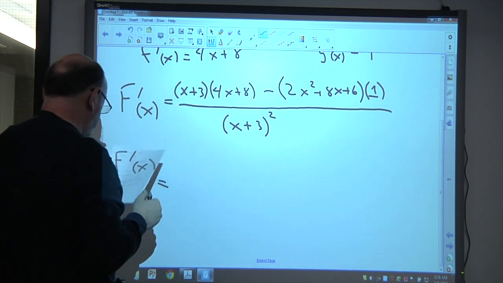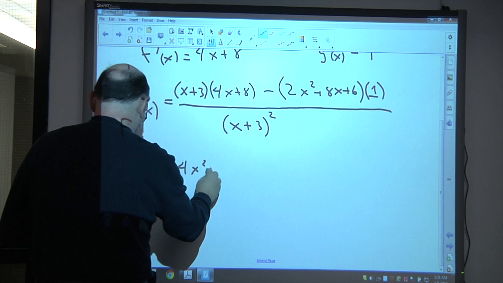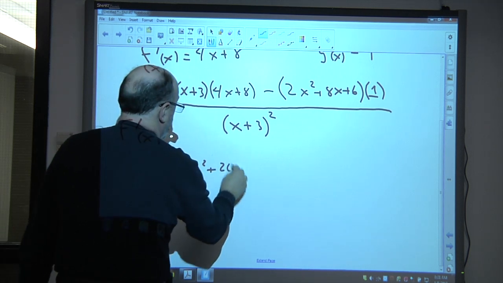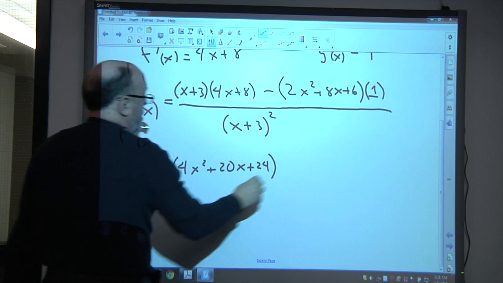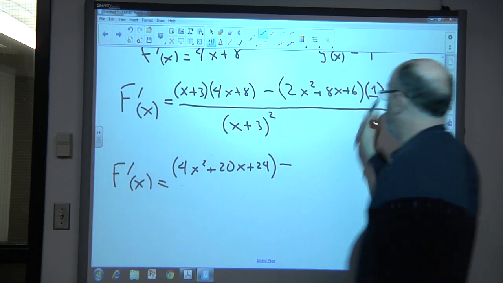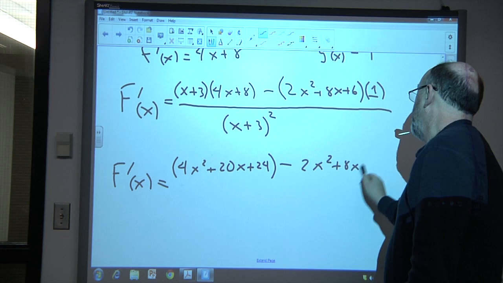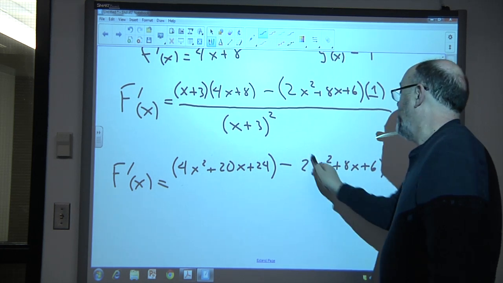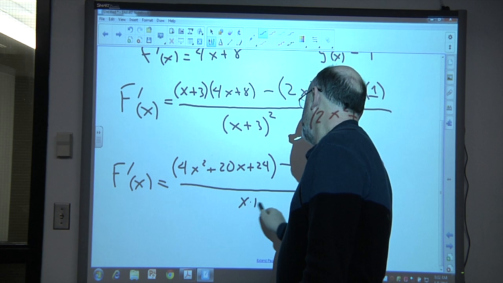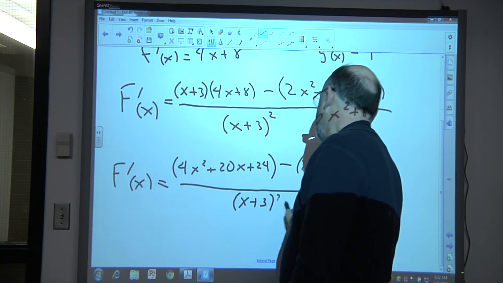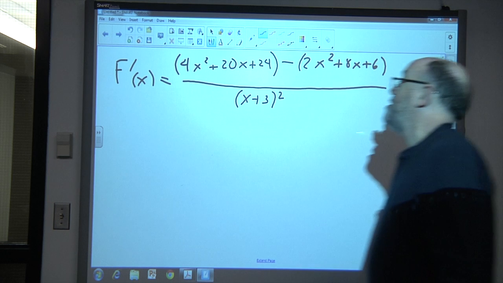If I multiply those two together, we get 4x squared plus 20x plus 24, minus, this times this is just going to be 2x squared plus 8x plus 6, all over x plus 3 quantity squared.